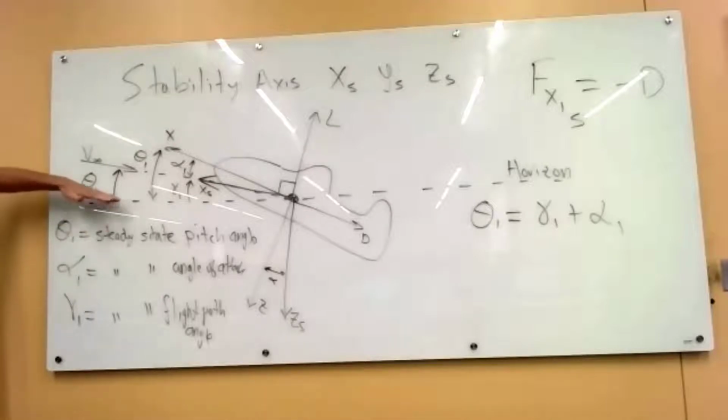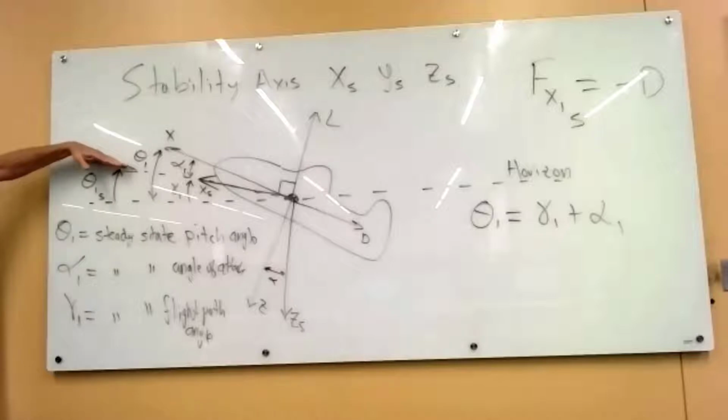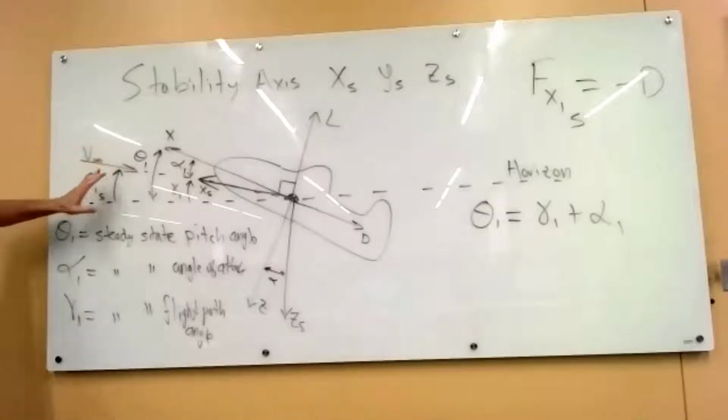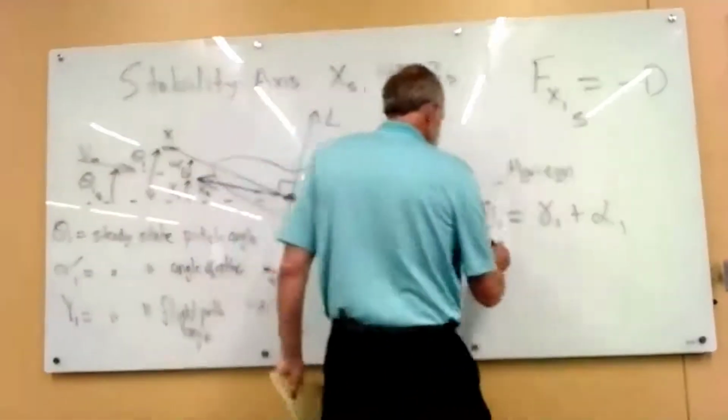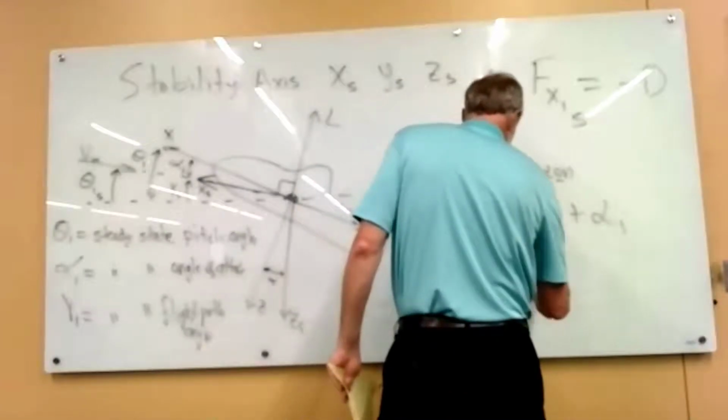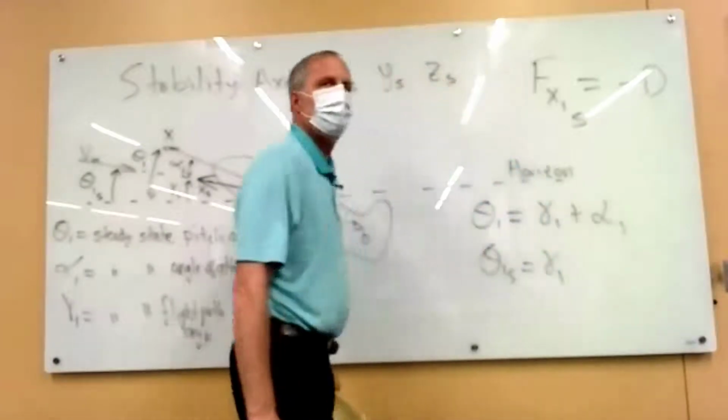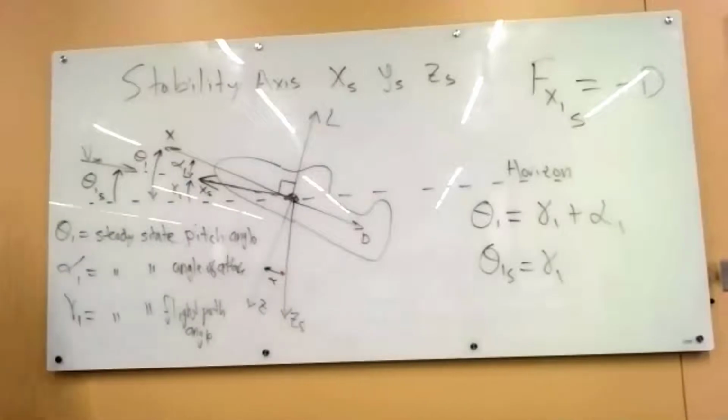It's still the pitch angle up to that axis. But it's just this. And notice that in the stability axis, gamma and theta are the same thing. So let me give you a minute if you're still drawing this picture, because this is an important picture to draw.